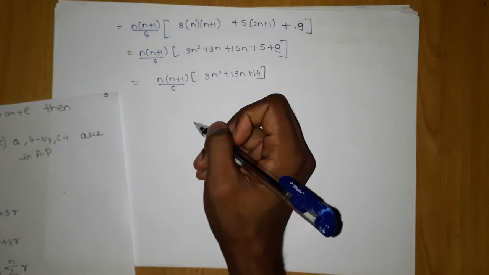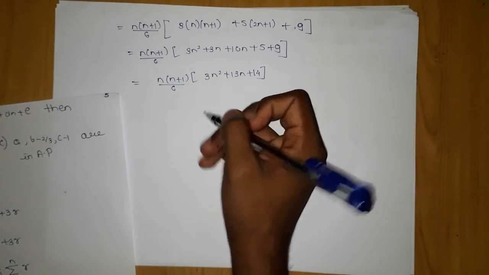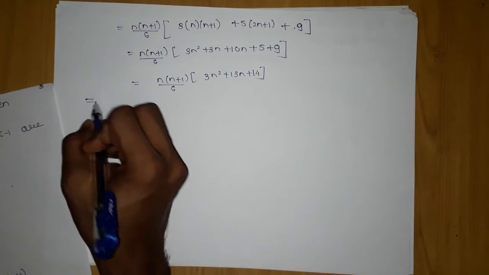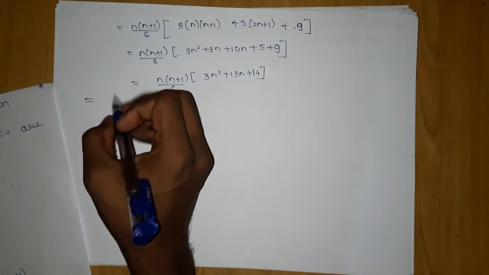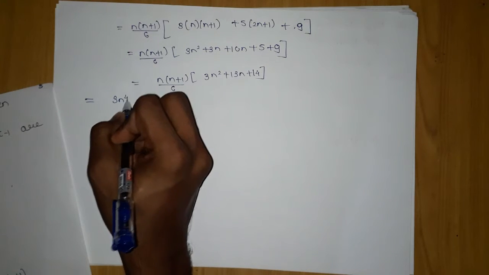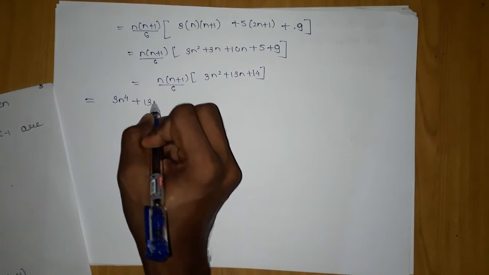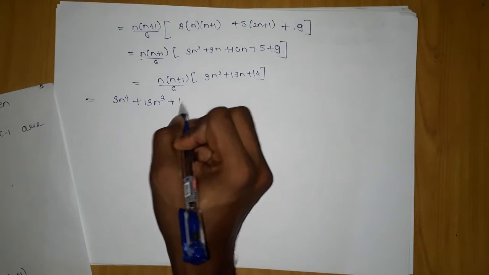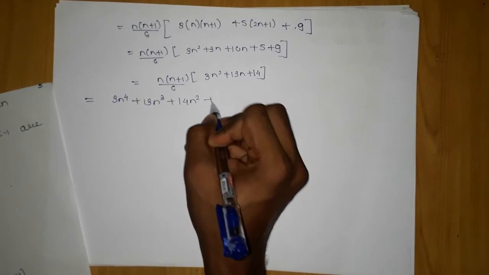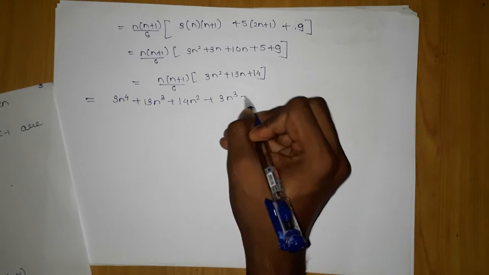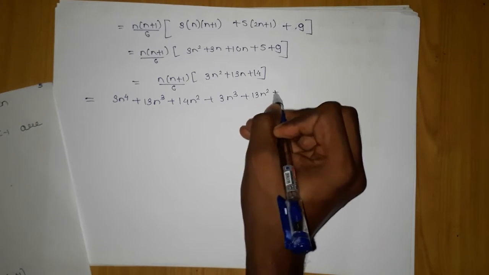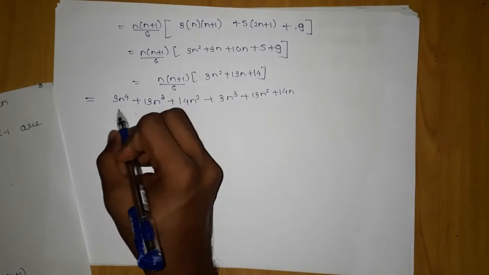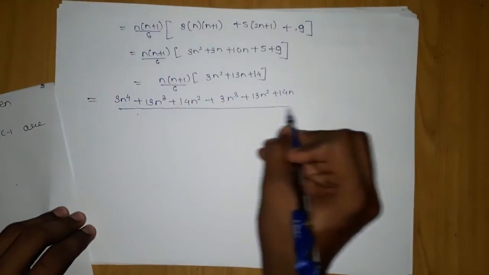If I multiply this, I will get 3n power 4 plus 13n cube plus 14n square plus 3n cube plus 13n square plus 14n, the whole upon 6.